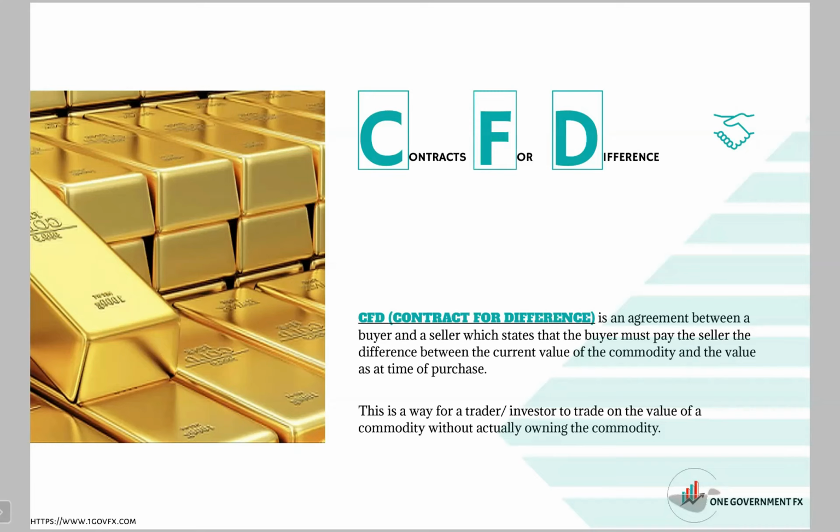We are just buying the value of the commodities. That's why we can take either a position to buy or a position to sell. In real life, you can't sell what you do not already own. But in this case, you don't have to own the currency or the commodity before you can sell it or buy it. You're just trading on the value of all those commodities.